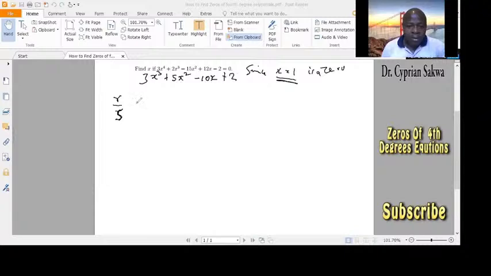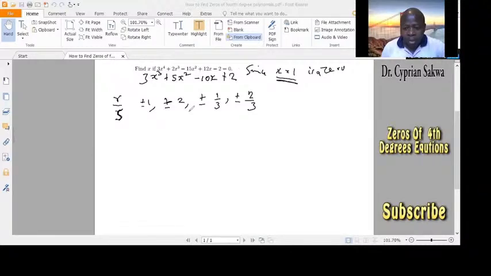We still have the same, that r over s will be plus or minus 1, plus or minus 2, plus or minus 1 over 3, plus or minus 2 over 3, because we still have the same constants 2 and 3.